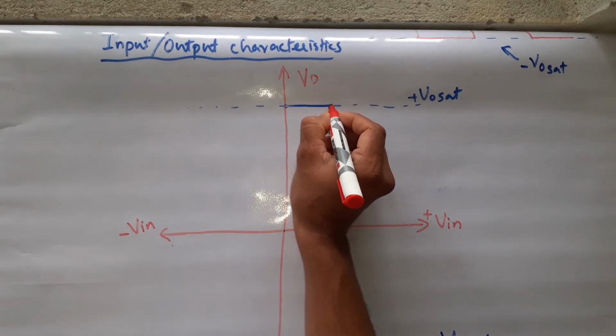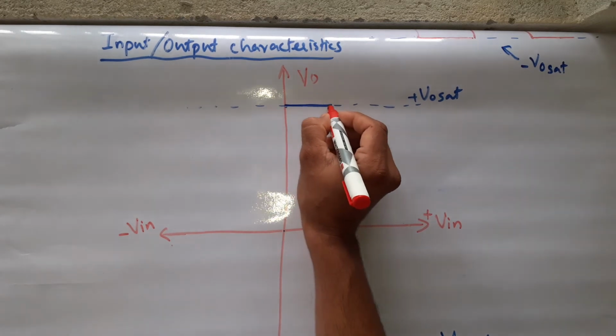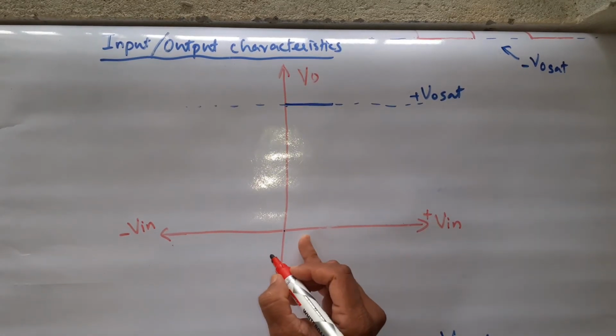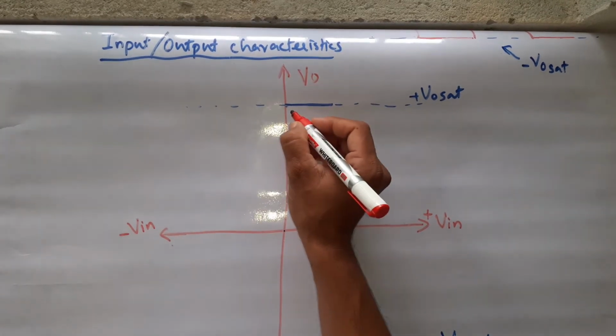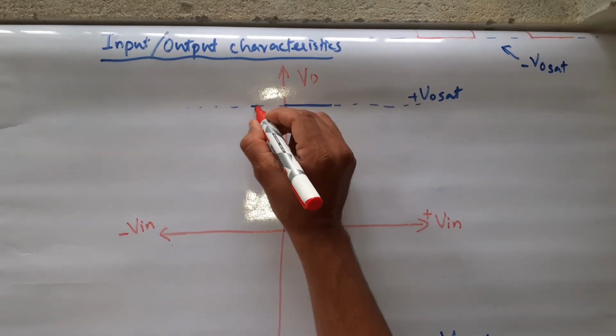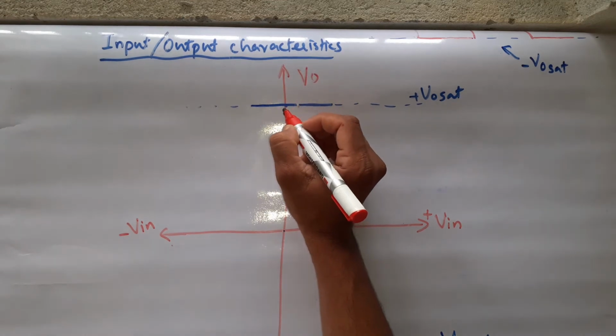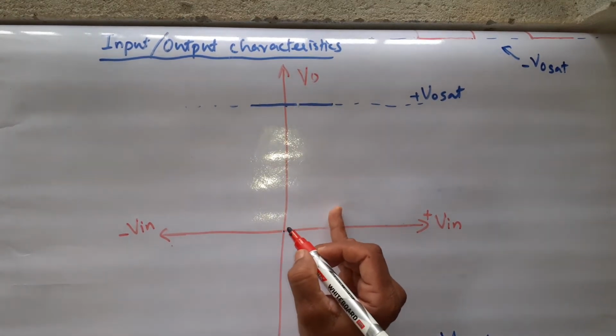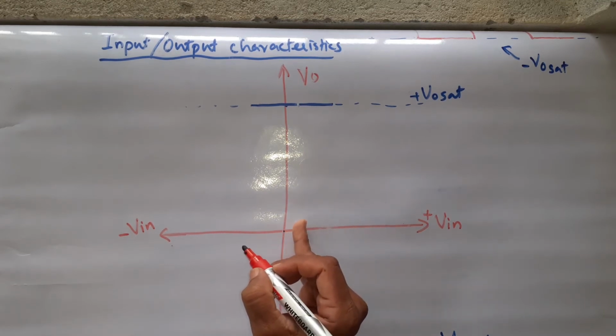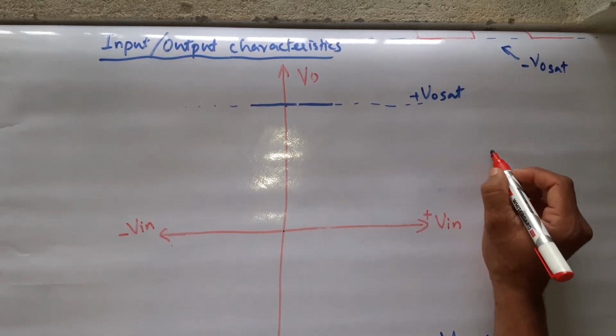Here. So you may be thinking, for positive input increase, why I am showing positive output? It is because it is my previous state. My output of op amp is positive because before increasing in positive direction, your input was in negative direction. It is like this.